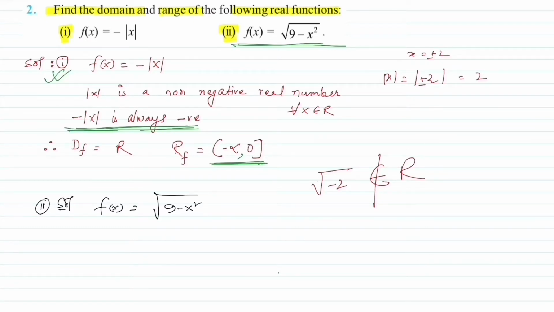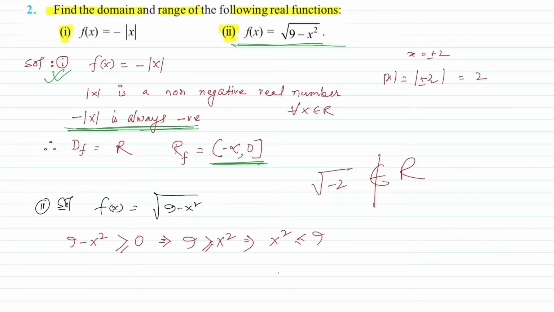So in this case 9 minus x square must be greater than or equal to 0. If so, then 9 must be greater than or equal to x square. You can write this as x square must be less than or equal to 9.